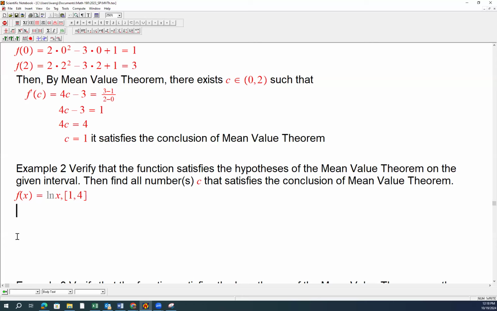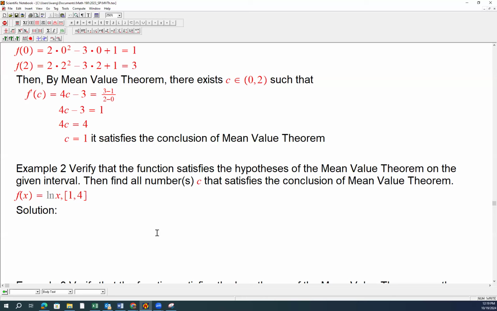In this logarithm function, we need to be aware of the domain, because for ln x, the domain is x greater than 0. But the good news is that the interval we are considering, from 1 to 4, is inside the domain of ln x. So we don't have any problem.